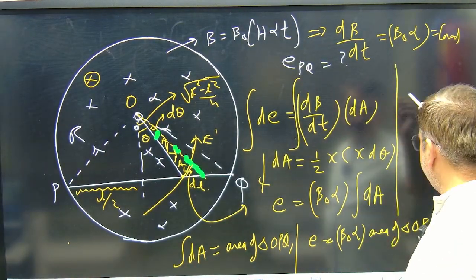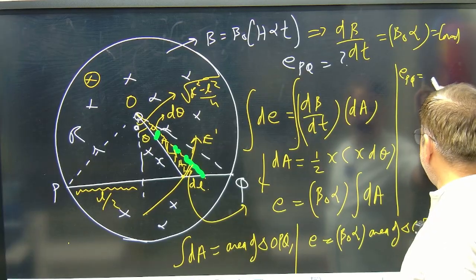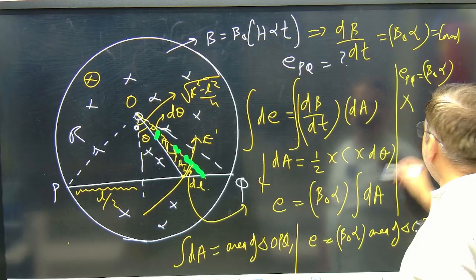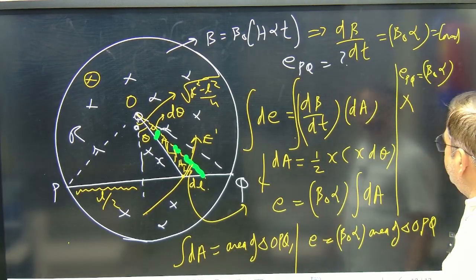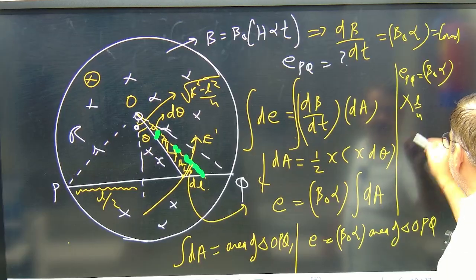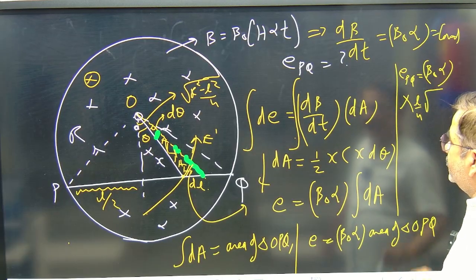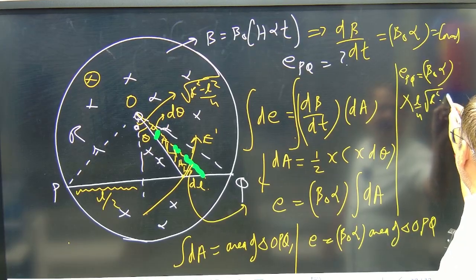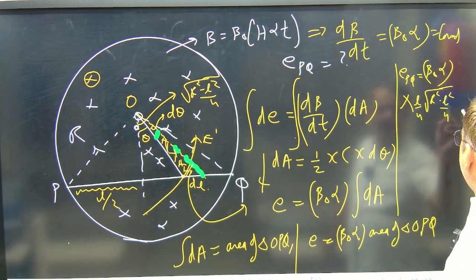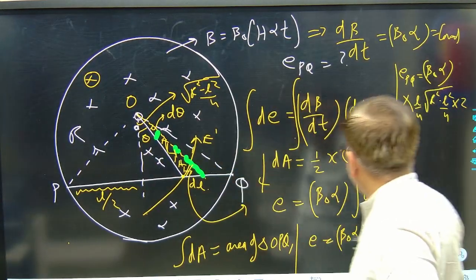So the total EMF, what will that be? The EMF E for the length PQ, what will I write? It is B naught into alpha multiplied with the area. Area will be half of base into height. It is L by 4, half of base into height is under root of R square minus L square by 4, into 2, because there are two sides, this and this, both sides, so into 2.